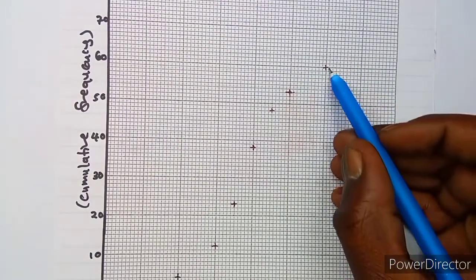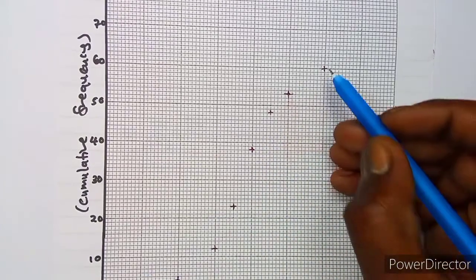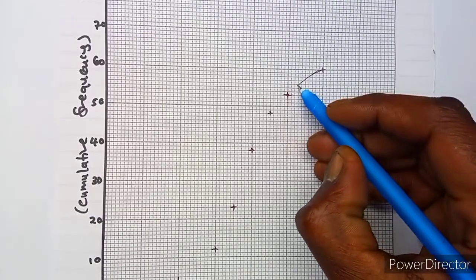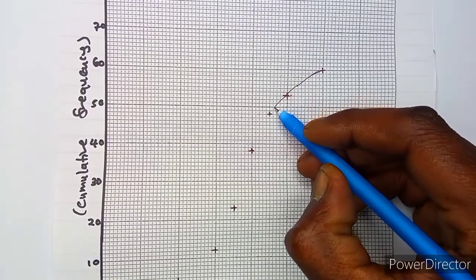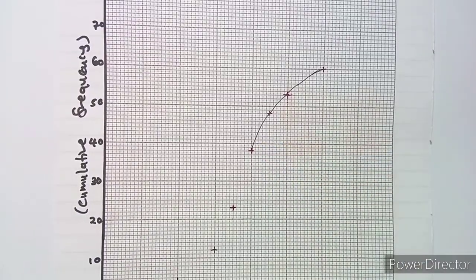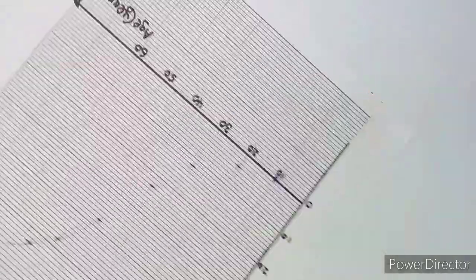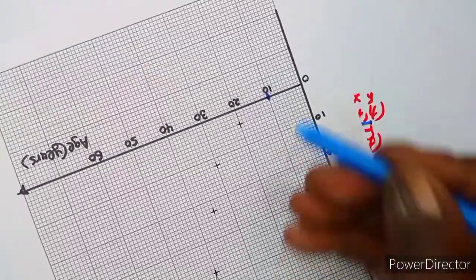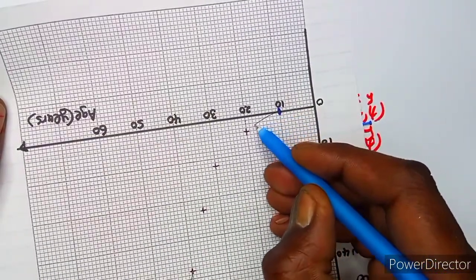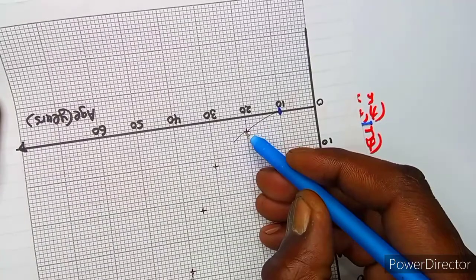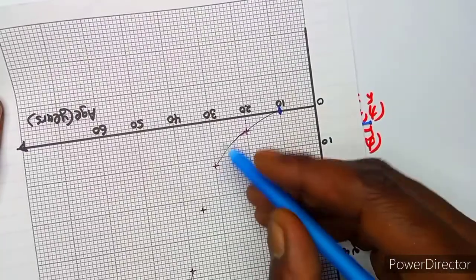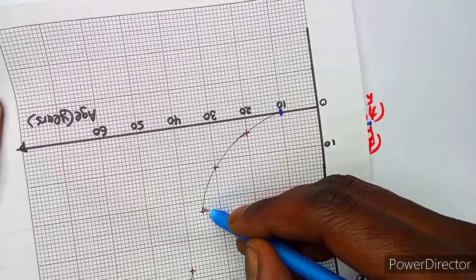So we have to join properly and at least have our ogive in this case. It's called an ogive or a cumulative frequency curve. Okay, so at this point I'm just going to shift my graph this way so that at least I can produce a nice curve. From 10 versus 0 here to this point. Something like this.